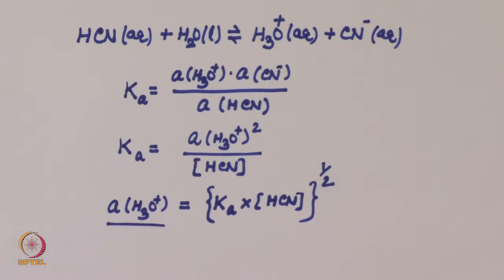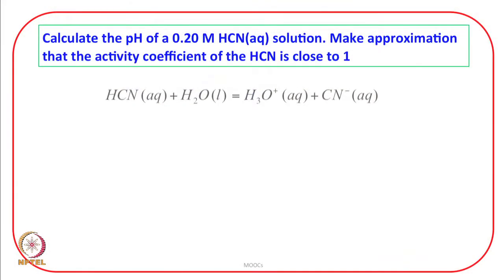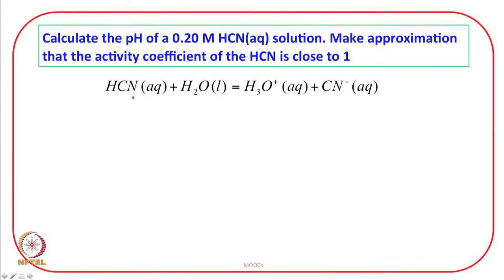Now, let us go back to the slide. We were talking about this equilibrium in aqueous solution, HCN plus water forming H3O plus and CN minus, all in aqueous media.